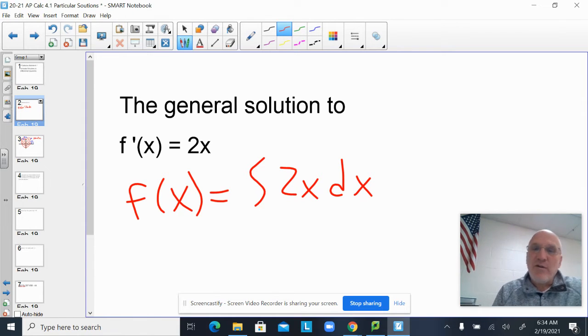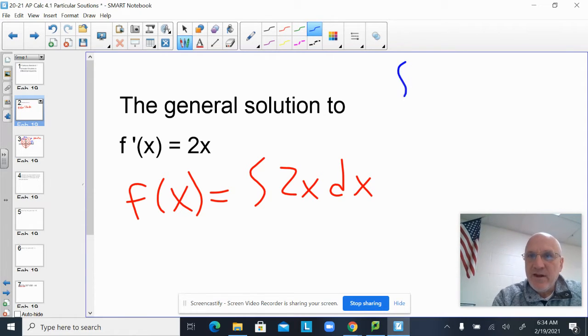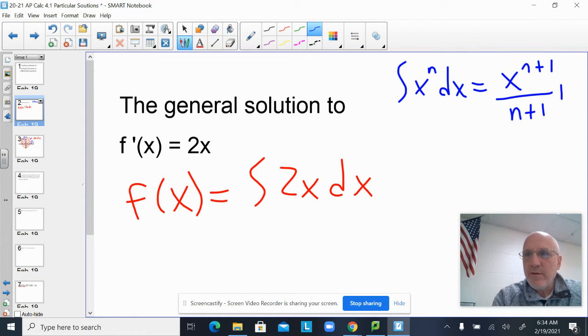So now I need an antiderivative of 2x. Well, remember we had the power rule, I'll write it up here: the antiderivative, or the integral, of x to the n, we raise the exponent by 1 and divide by the new exponent and put a plus c at the end. In this case, that x really means x to the first.